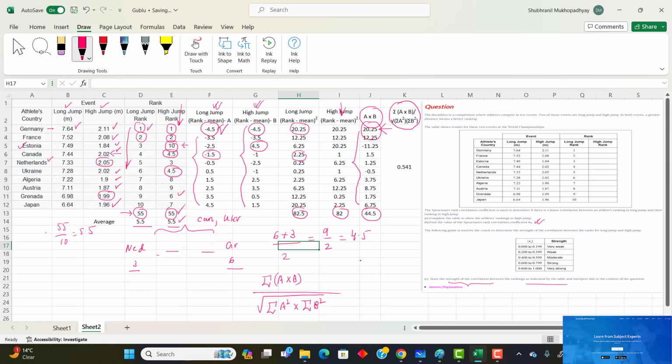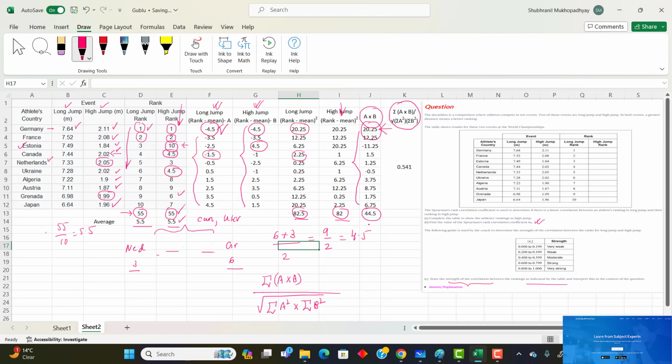Right. Once we move to this stage, we find that the sum of the products of the deviations of both the high jump category and the long jump category comes out to be 44.5. Similarly, the value of A square, the sum of squares of the deviations in the long jump category, comes out to be 82.5, and for B square, the sum of squares of the deviation for the high jump category is 82.